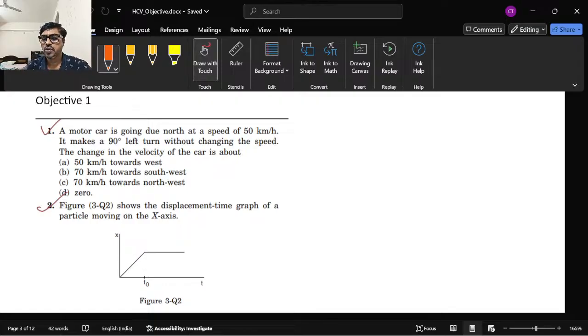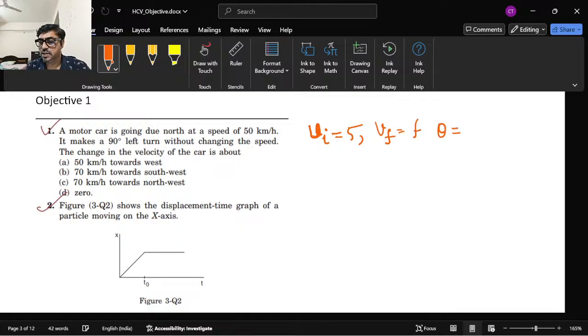So magnitude of initial velocity is 5. Final velocity is also 5. Okay, but the angle turned is 90 degrees.